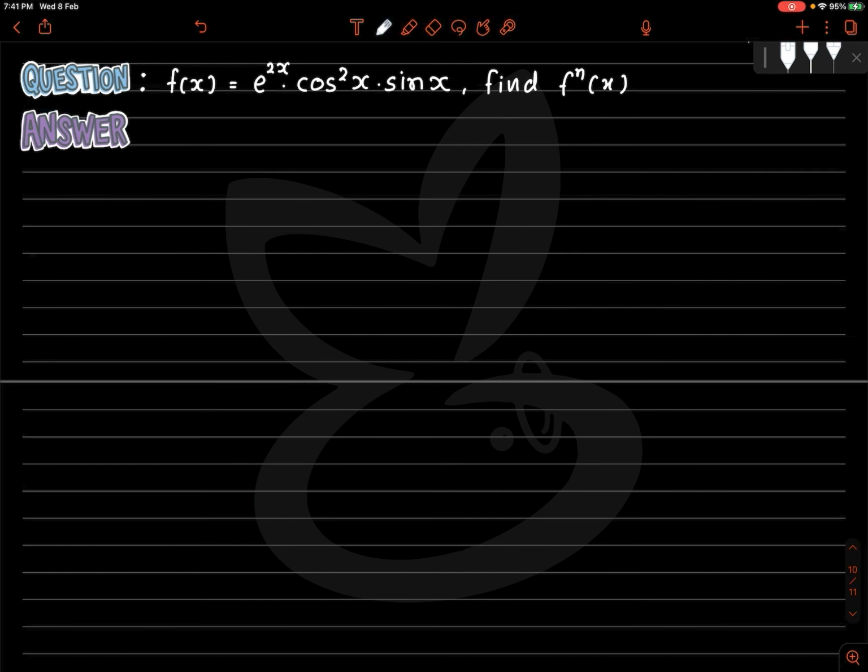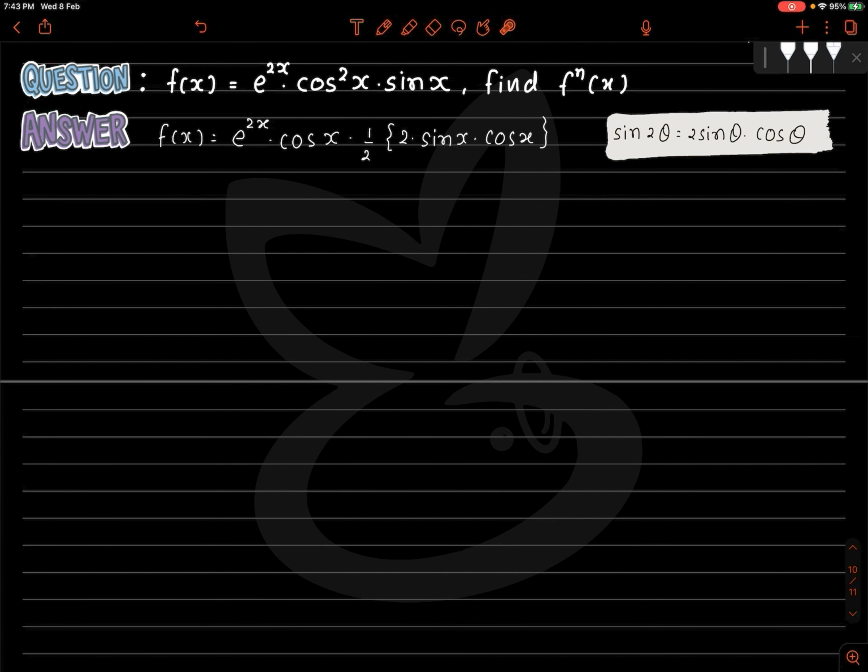See, in this question, this function is given and we are supposed to find the nth derivative. Here let us separate those functions. To separate them, we would write f of x is equal to e raised to 2x into cos x into half of 2 into sin x into cos x.